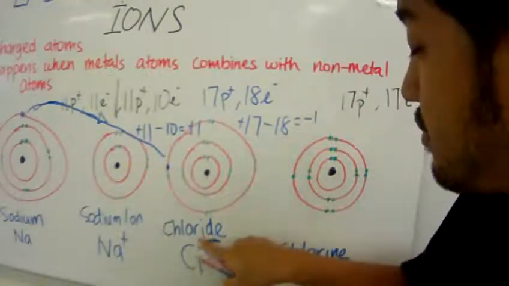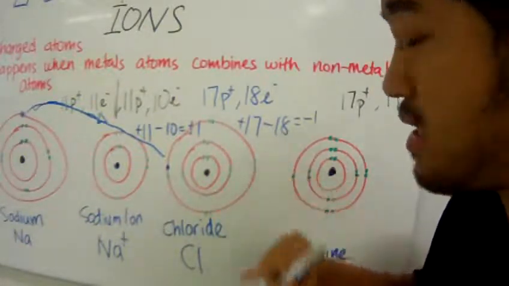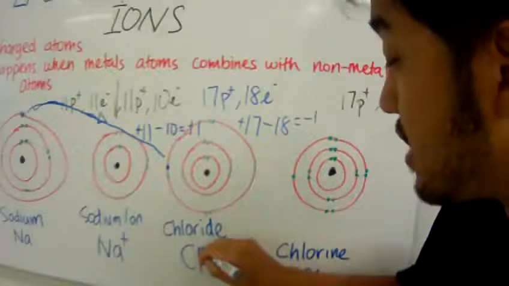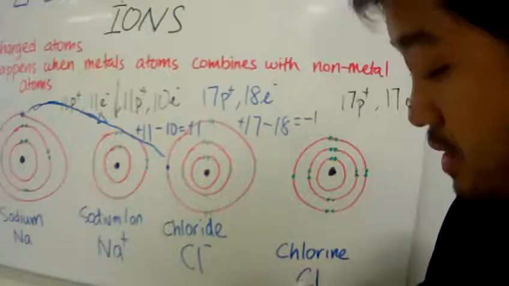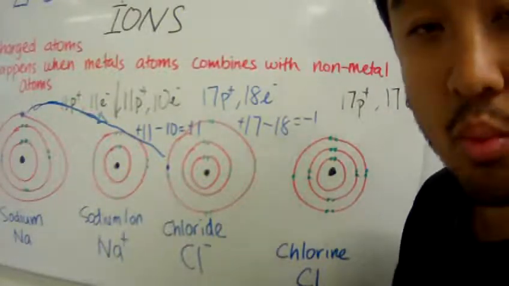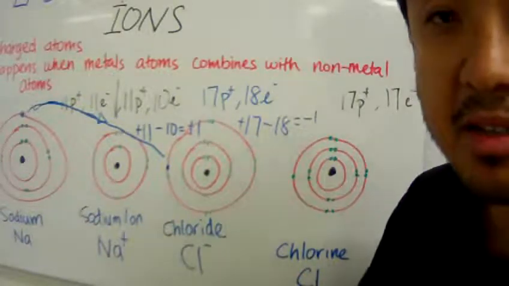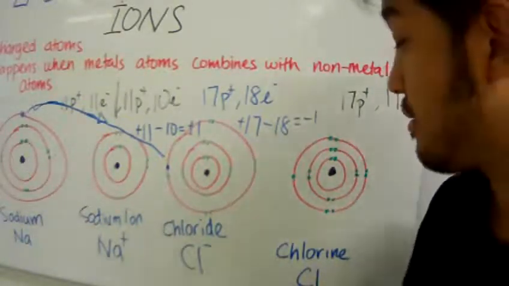And so the charge of chloride is now -1. And when you represent that as a symbol, you will write Cl with a negative sign. You don't write the number 1 in there. It's just like you don't write 1x, you just write x. So in this case, you just write minus or negative.